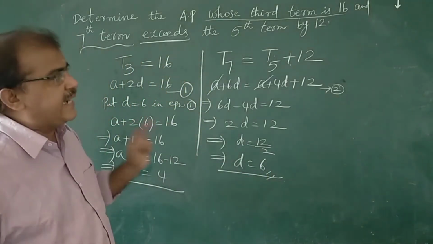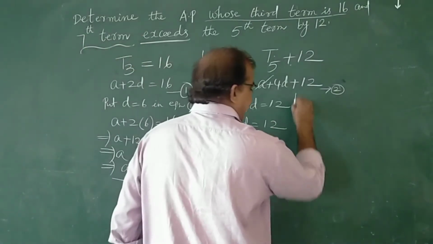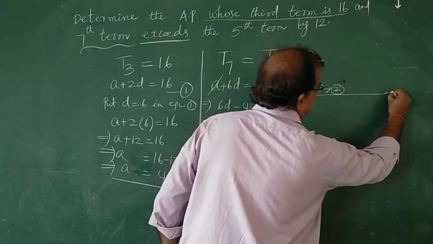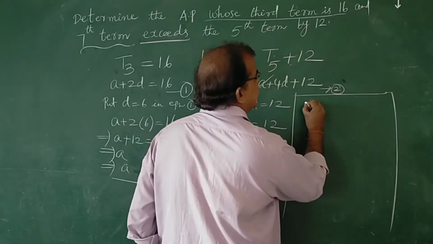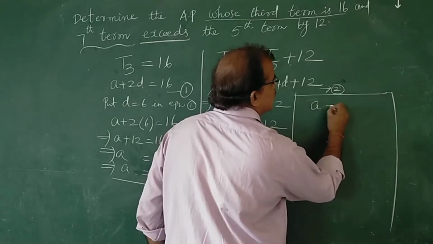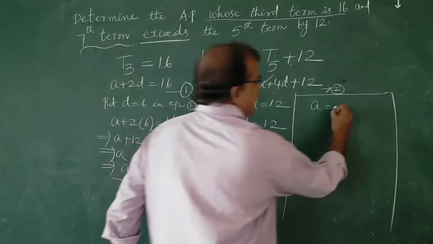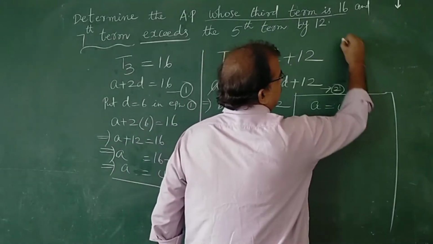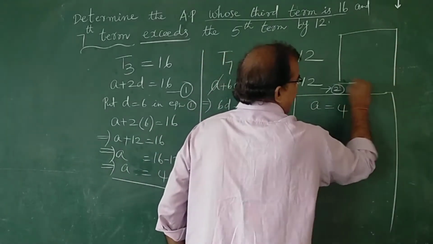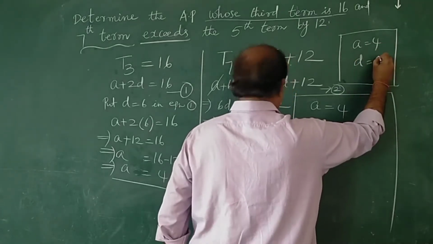From that I can write the AP. How to find the AP? First term a is 4, d is equal to 6.